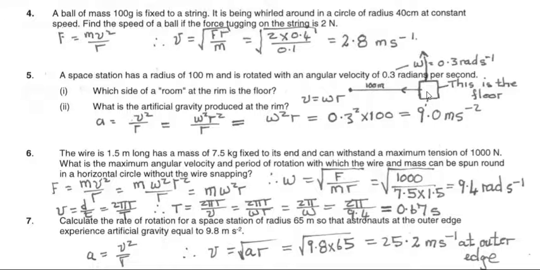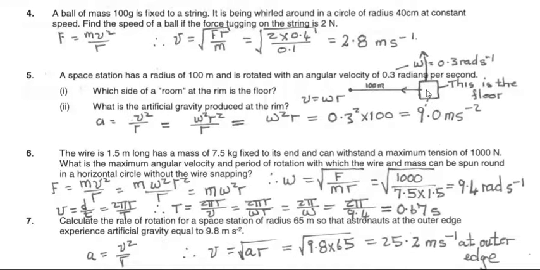So if it's going this way, then it's moving around the circle like this, anti-clockwise as we're looking at it.